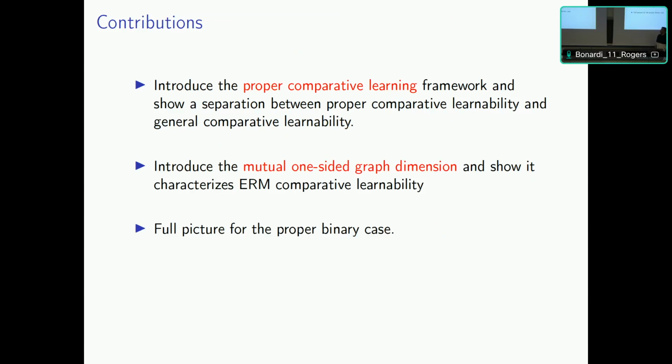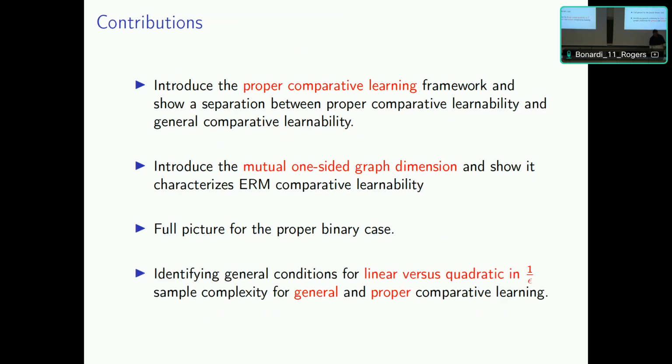We also give a full picture for the binary case, for binary proper comparative learning. And finally, we identify some general conditions for when we can get linear versus quadratic rates in terms of 1 over epsilon for both general and proper comparative learning.